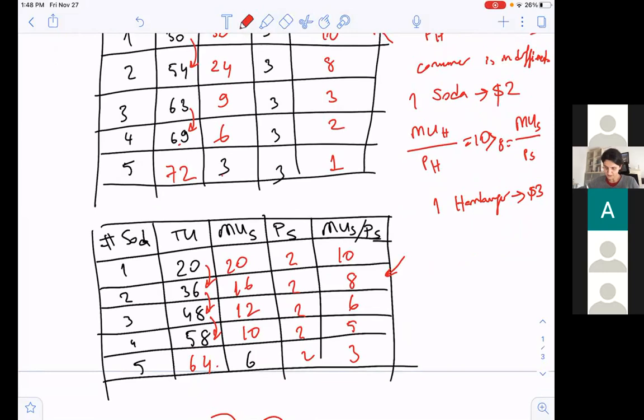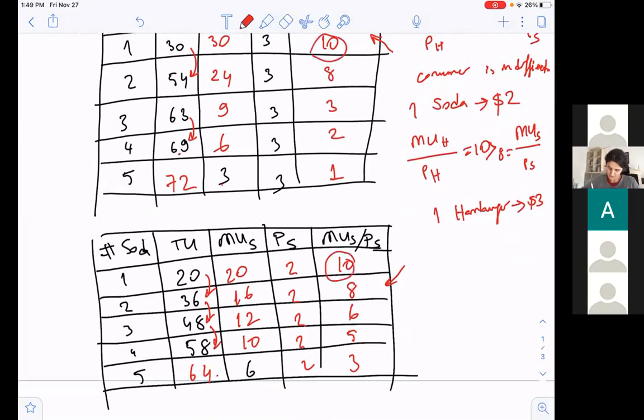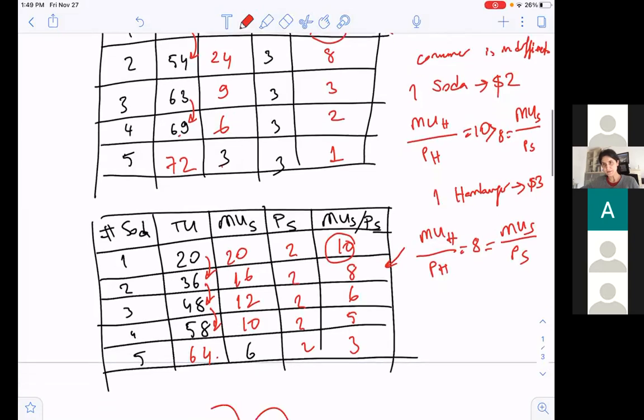And then what are we going to do? She already consumed 1 hamburger and 1 soda. We are in the second row. The marginal utility of hamburger divided by price of hamburger is 8. You compare this with marginal utility of soda divided by price of soda, which is 8.